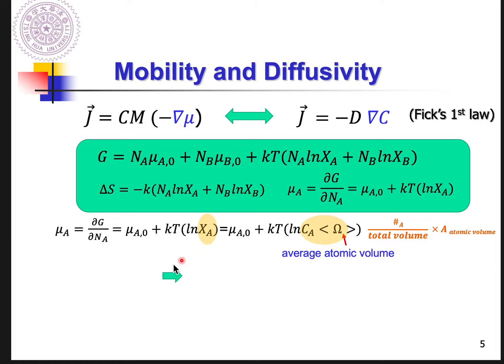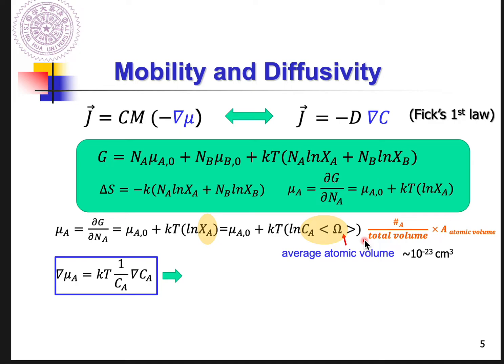Based on this, you use this mu A0 plus this term, and you take the gradient operator on this equation.